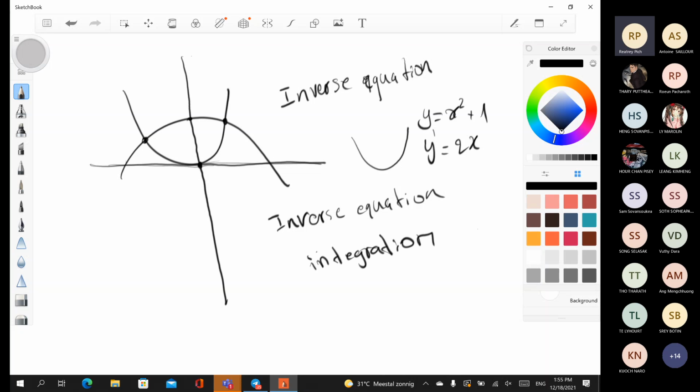What does inverse by integration mean? For example, if the parabola is the same shape, it means just the inverse, but sometimes it's just a small shape here. So this one and this one are the integration of each other, just the small portion to the big portion.